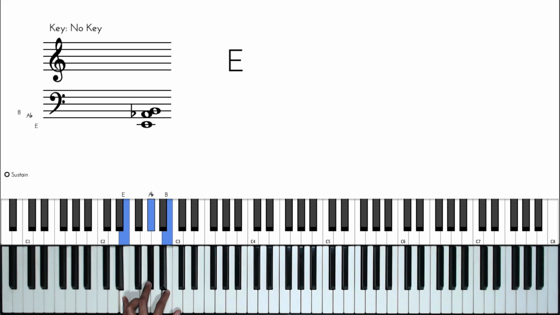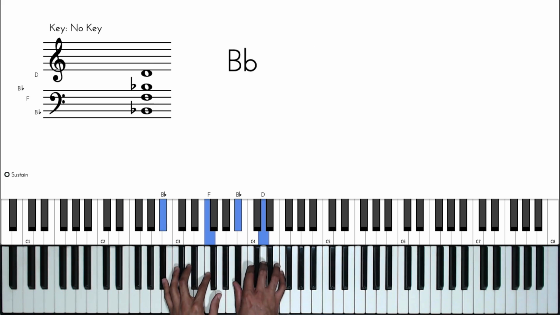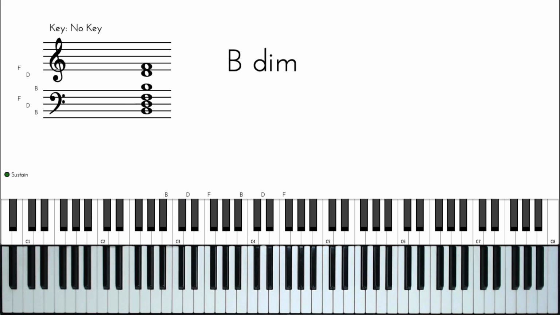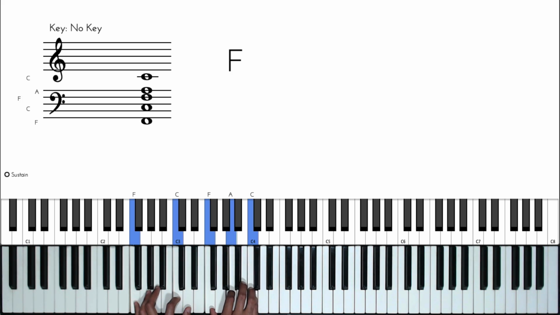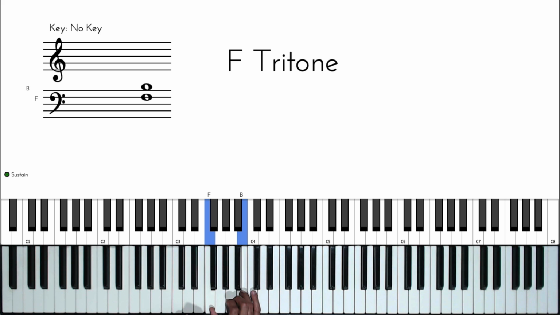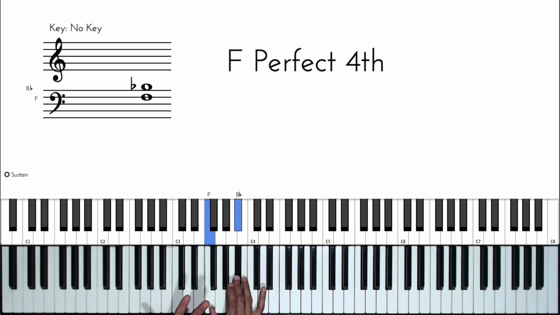So we're going to play B flat major as a substitute for this B diminished. And something that you're going to notice is that this B flat major is actually part of the circle of fourths, right? Remember when we went from F to B diminished, right? That interval right there is not a fourth. That's actually a tritone. But in this case, this interval right here is a perfect fourth.